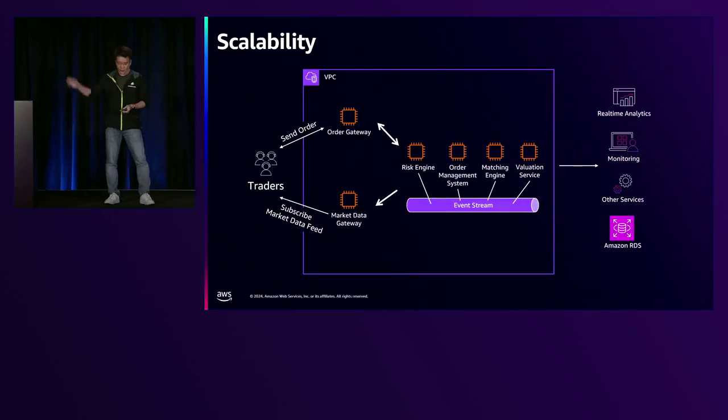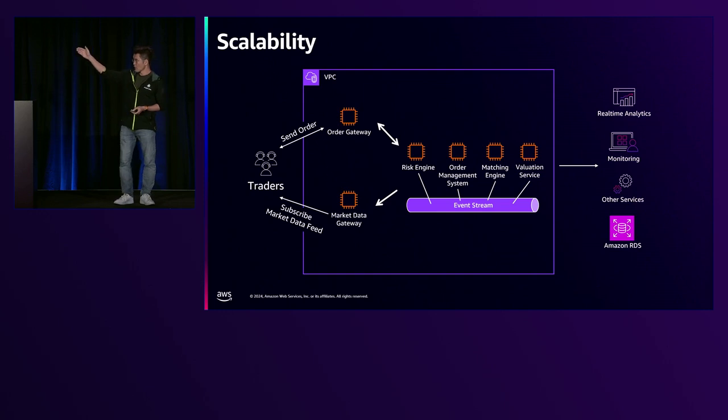When our exchange first launched on day one, the architecture was simple and lightweight. We had an order gateway that handles orders from clients, and market data like order book and candlestick are published through the market data gateway back to the client. These gateways can be scaled seamlessly and quickly to meet the demand.